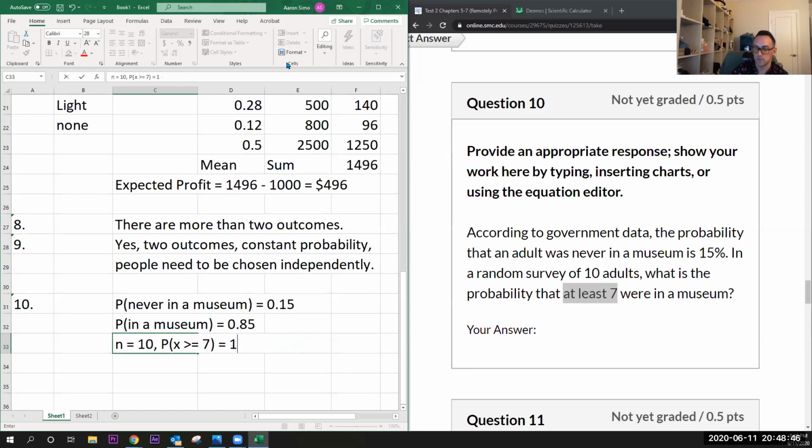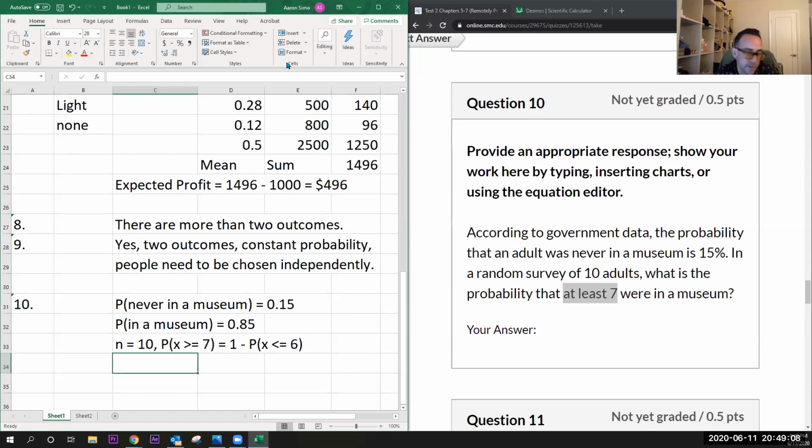Or I could do this: 1 minus the probability that x is less than or equal to 6, right? Greater than or equal to 7, the complement of that is 6 or fewer, right? So that's how we would think about that.